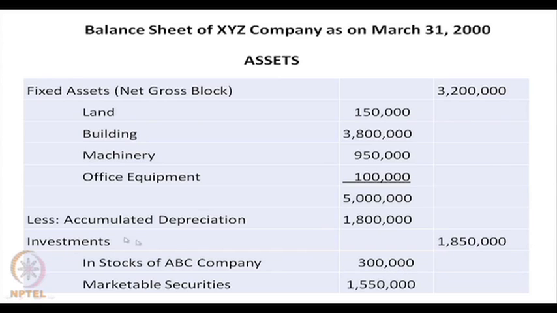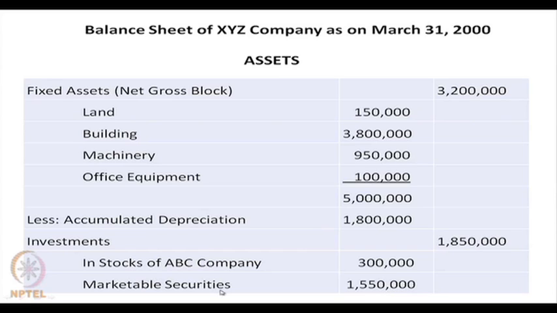The company also buys various types of securities or stocks from the stock market. This particular one is very large, therefore, it is written separately, and these are small stocks, but when they are added up, it becomes a very large value, which is 1,550,000 rupees written separately.